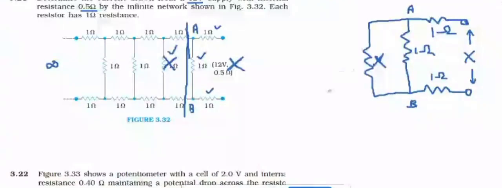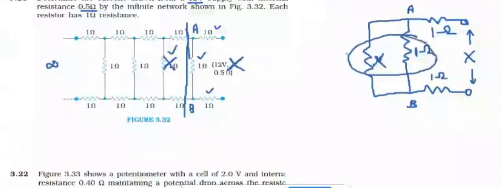Now you will get the equivalent circuit. From the equivalent circuit, you can first calculate the effective resistance of this part. X and the 1 ohm across AB are parallel. So the effective value you can calculate like this.